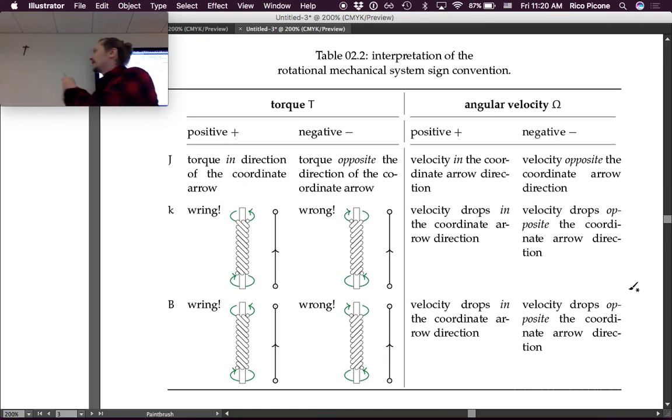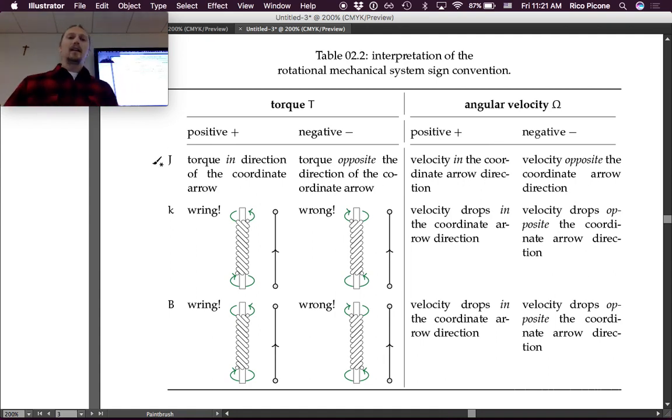So, on the left-hand side of the table, you have torque interpretations. On the right-hand side of the table, you have angular velocity interpretations. So, we're interpreting signs, right? If we have a positive torque or a negative torque, we're either in the positive torque column or negative torque column, positive angular velocity column, negative angular velocity column. Each row corresponds to a different element.